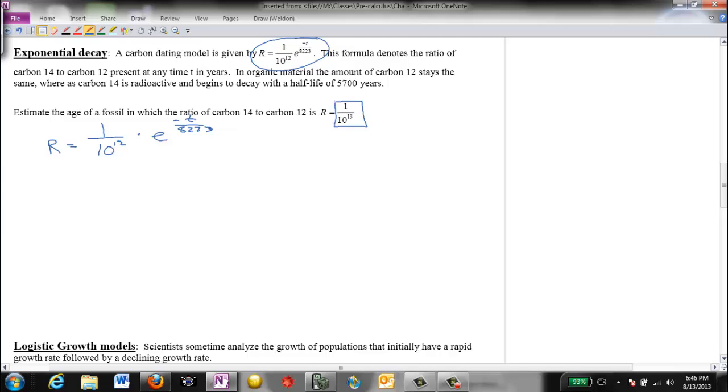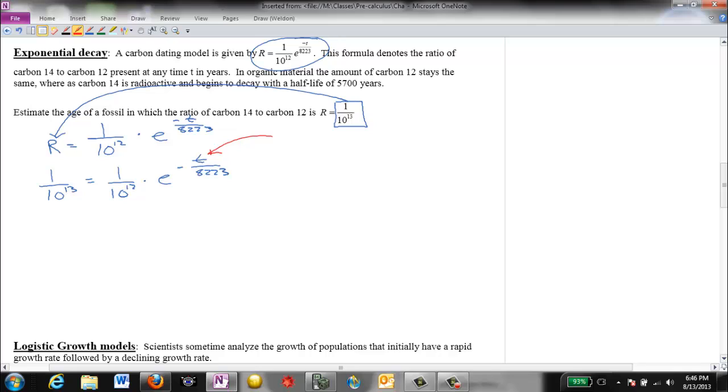So we can take that 1 over 10 to the 13th and plug it right in where we see R. Okay, so now I have 1 over 10 to the 13th power equals 1 over 10 to the 12th power times e to the negative t over 8223. And we want to know how old it is, right? So the part of this equation that we're trying to solve for is t, right? So we're trying to get t all by itself and figure out how old this fossil is.